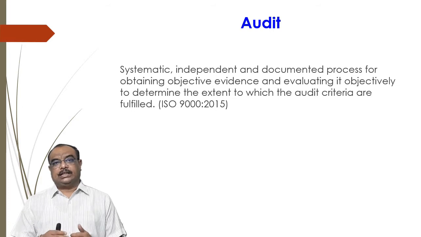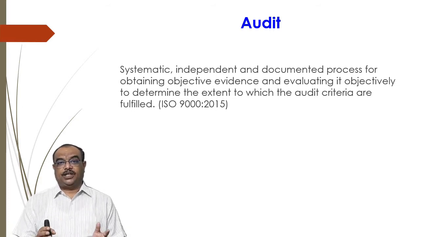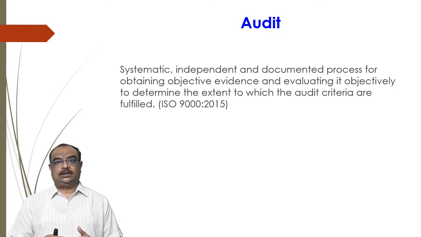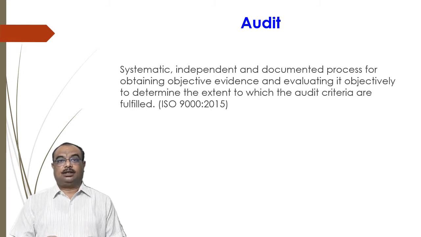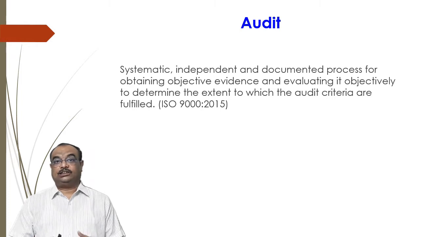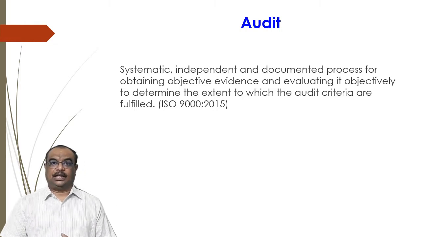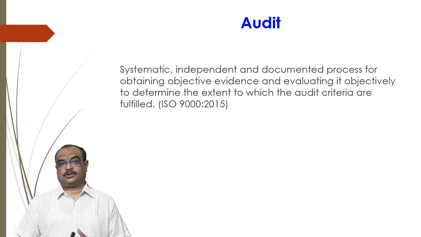If we interpret this definition in our terms, audit is basically to check through objective evidence whether the organization is meeting the intent for that particular process or not. Take the example of a manufacturing process audit.